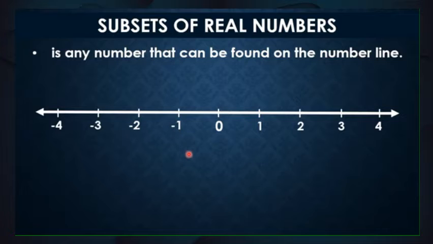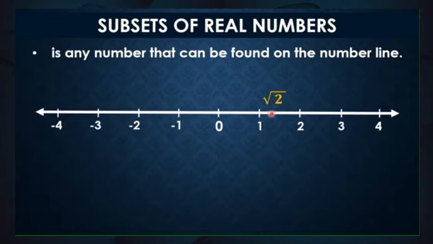Okay, let's have an example. So, if we will try to arrange, let's have square root of 2. Now, we all know that square root of 2, kung napanood nyo yung previous video na estimating the square root of a number, this is 1.414 or kapag to the nearest hundredths, this is 1.41. Okay?